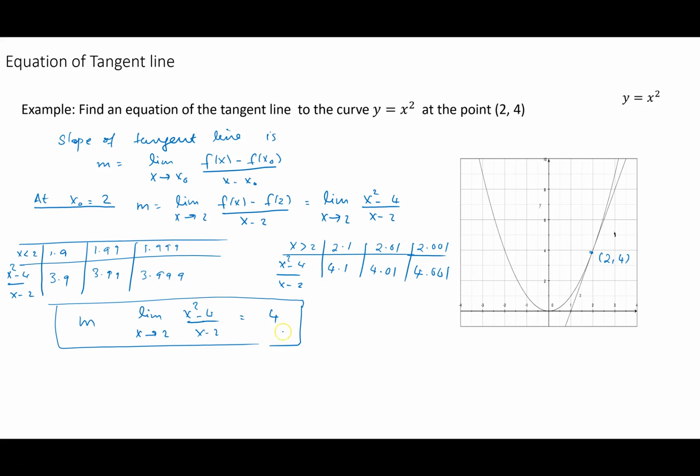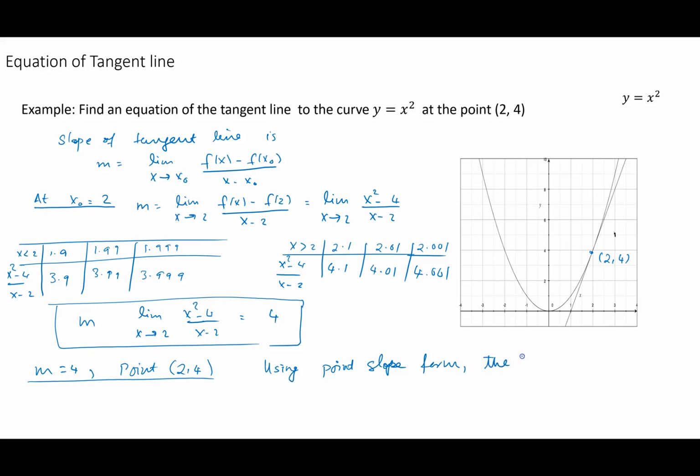Now we have the slope and the point is given. The slope is 4 and the point is (2, 4). So we can now write the equation of the tangent line using the point-slope form.